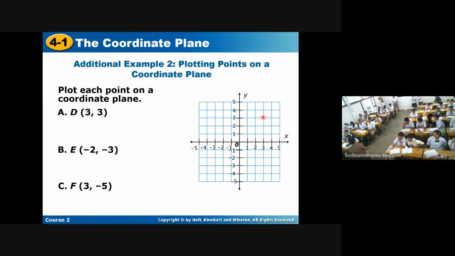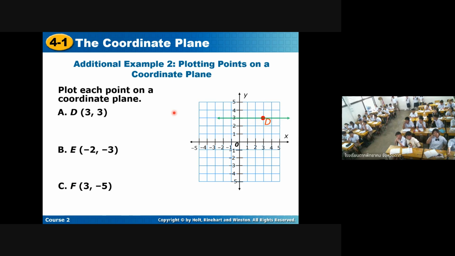Point D. So again, 3 of x, 3 of y. And where is it? It is that point.